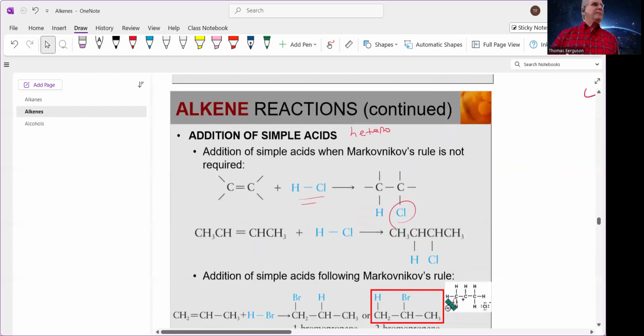Now, this is what's going to happen whenever we have a mix. We're going to have more than one product. The first one we're going to come to is the addition of a simple acid like hydrochloric acid, HCl.